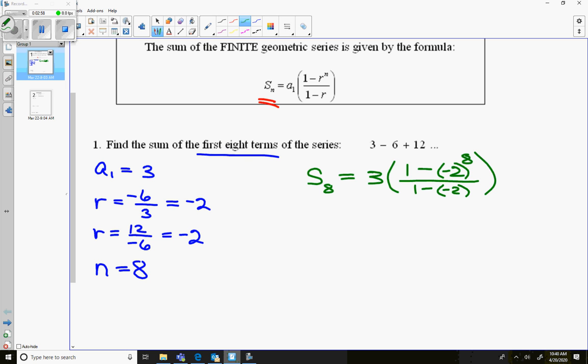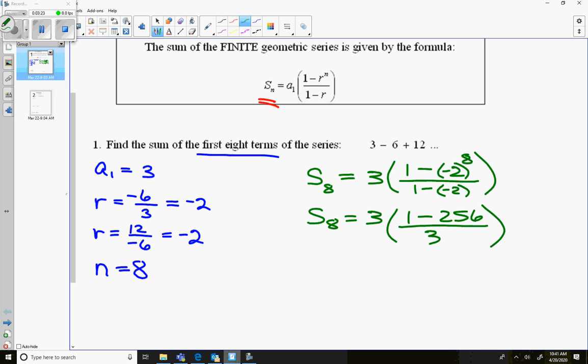And just evaluate that. So 3 times 1 minus -2 to the 8th, 4 to the 4th, 16 squared, 256. 1 + 2 is 3.